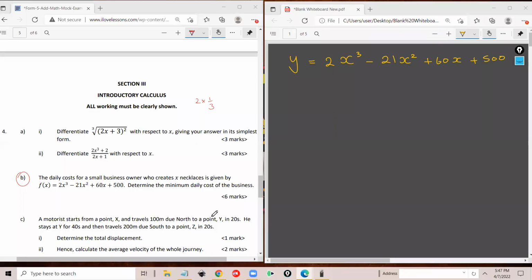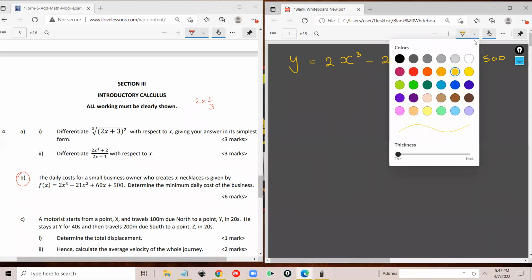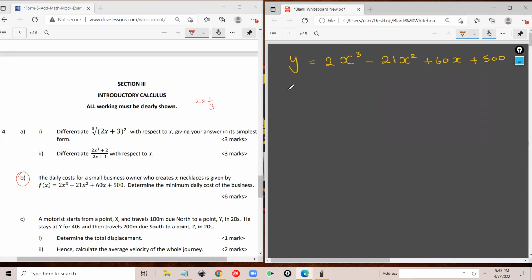All right, so let's give you a little jump start here. The first thing, whenever they start to talk about maximum and minimum, you know it's differentiation. So you're going to differentiate once, dy dx, and of course you get 6x squared minus 42x plus 60. What we need to do now is put this equal to 0 and solve, well, we have a quadratic. So when you solve the quadratic, you're going to get most likely two values for x.